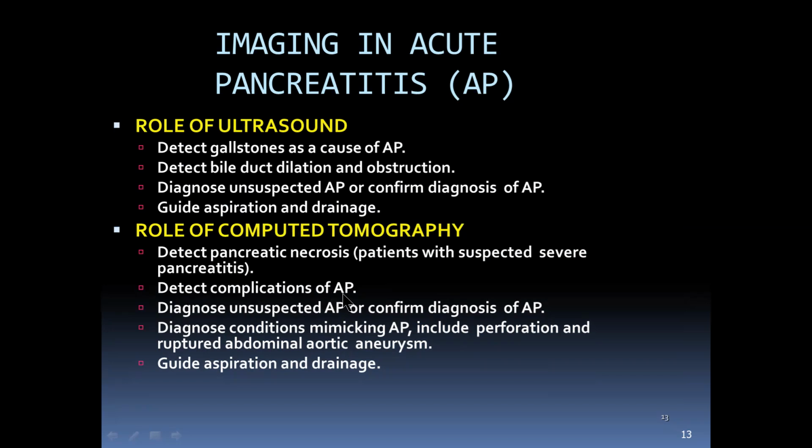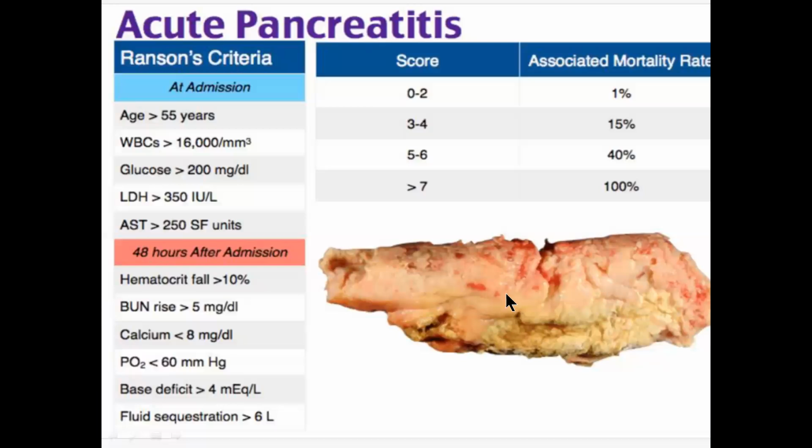It detects the complications of acute pancreatitis, diagnoses unsuspected AP or confirms the diagnosis of AP, diagnoses conditions mimicking AP, including perforation, ruptured aortic aneurysm, and also guides aspiration and drainage.